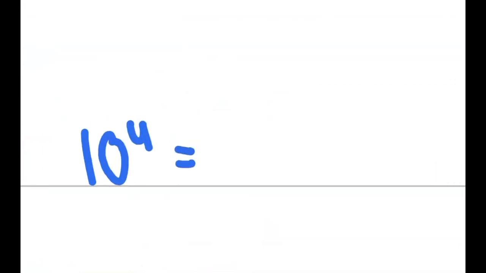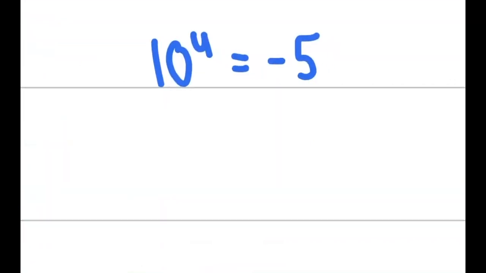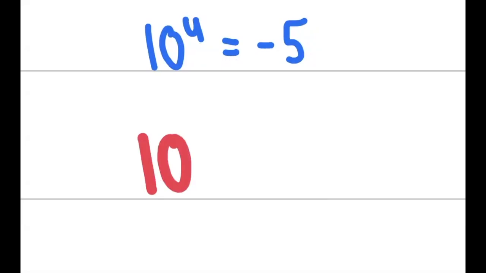Here, I'll use u. 10 to the power of what is -5? Because remember, a logarithm is an exponent. You have to ask yourself 10 to the power of what exponent is going to give you -5? And the issue is 10 to the power of a positive number is going to give you a positive number. It's going to give you something greater than 0. So that's not going to give you -5.